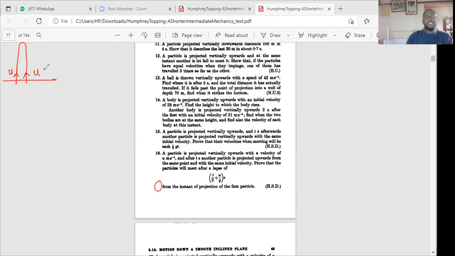Now, this is particle 2, this is particle 1. If this one takes a time of capital T, this one which is projected later takes less time. By what difference? By a difference of small t. If you have assumed the second one has capital T, the other one will have capital T plus small t. Because the first one takes more time on the way before they collide.